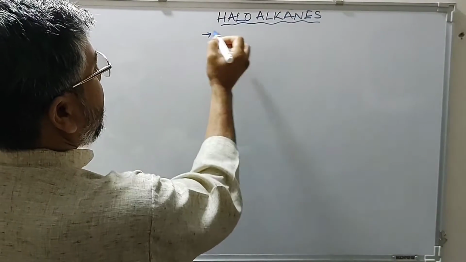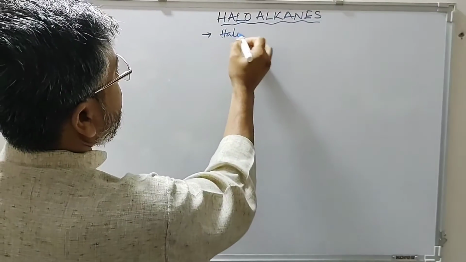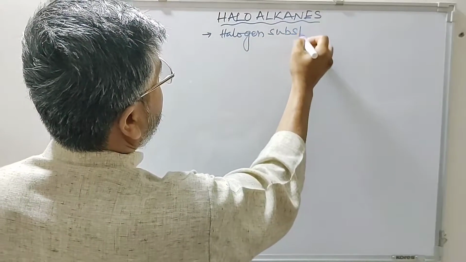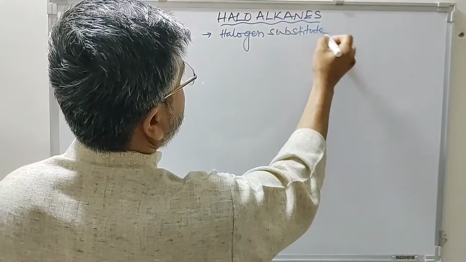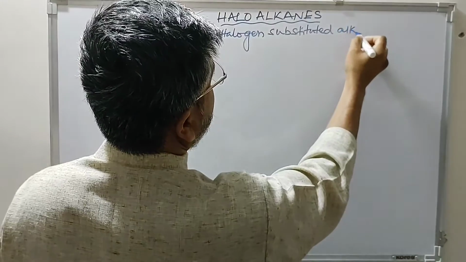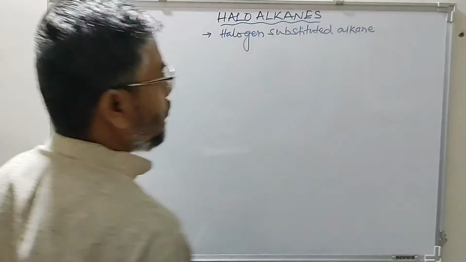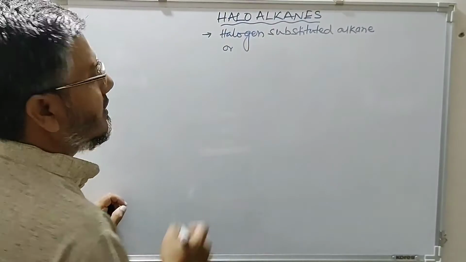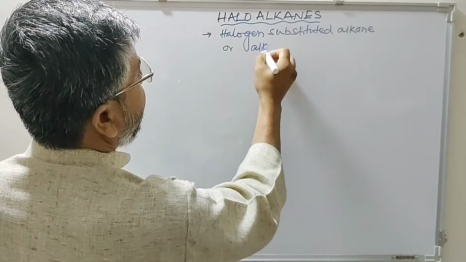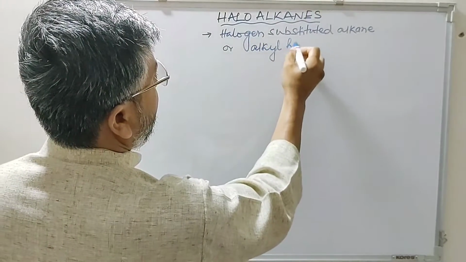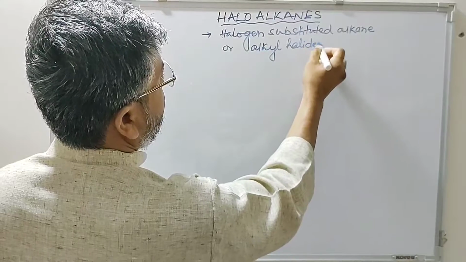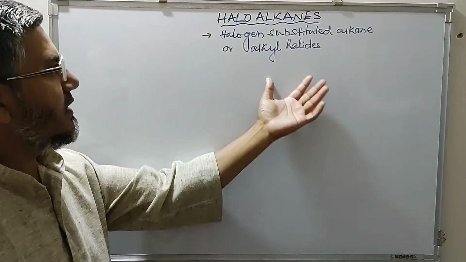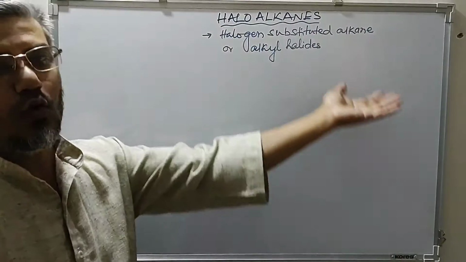The definition is: halogen substituted alkanes, which are also known as alkyl halides. Halogen substituted alkanes are also known as alkyl halides or haloalkanes.